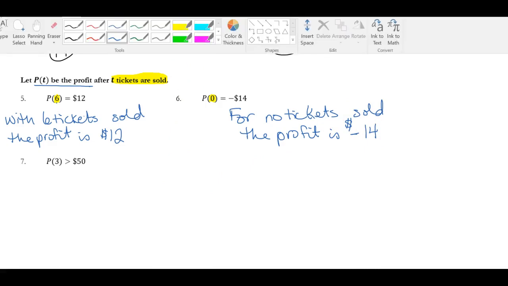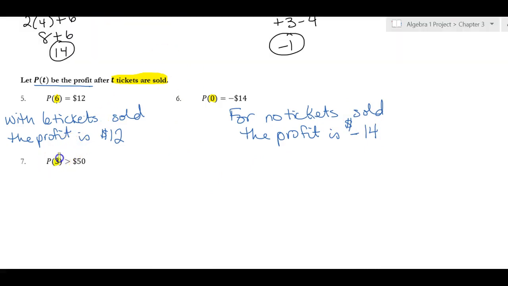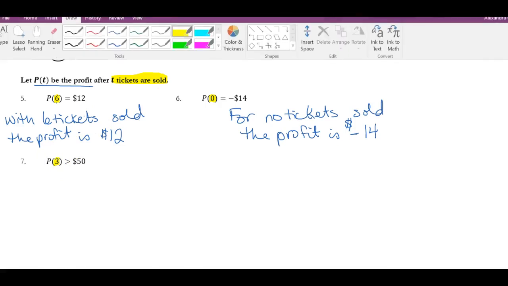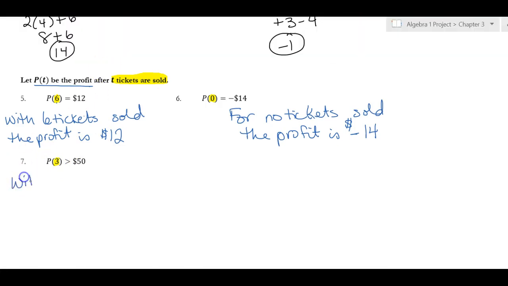And this one we have a comparison one again, but we still start with what we know. We know our X. And so with 3 tickets sold, and then we're talking about the profit, and it's not equal to, it's greater than. So it is more or greater than $50.